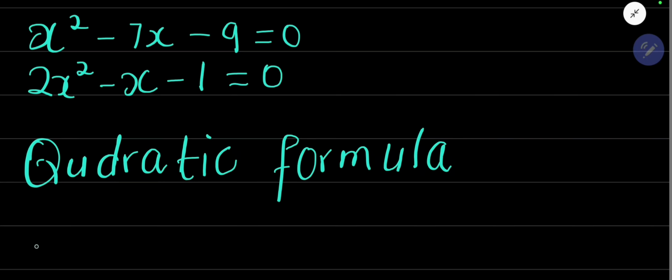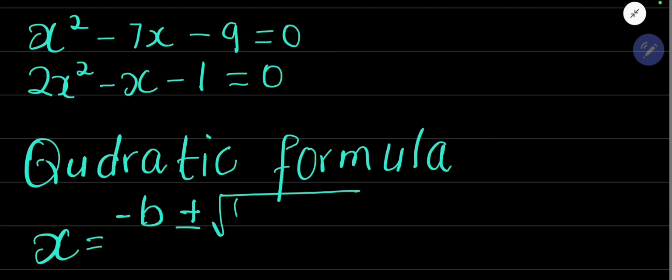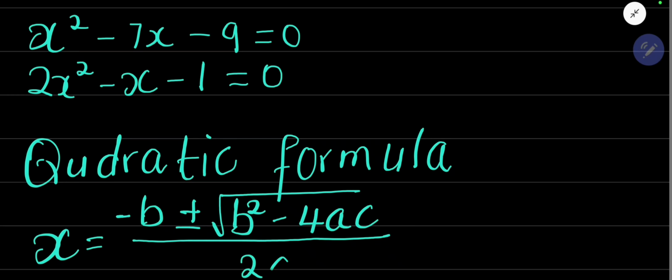It is written like this, guys: x is equal to minus b plus or minus the square root of b squared minus 4ac, all divided by 2a. So this is our quadratic formula. In grade 11, there is no need anymore to factorize by opening two brackets. You can use this method, and you are guaranteed to get the answers.